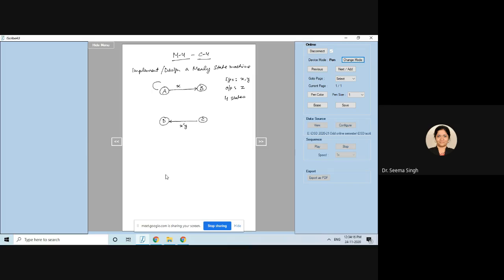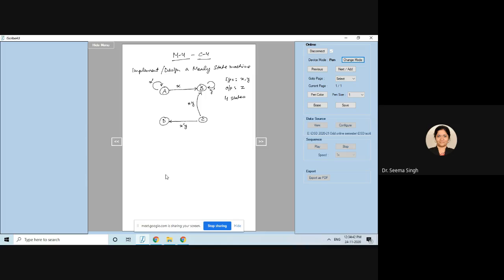The same way I am showing another case where the state remains at A if X is 0. Let Y be anything; Y is don't care here also. So like this, I am completing the state diagram. B will remain in B when Y is 0. Now here X becomes don't care. In actual practical real time design, this will be the case.